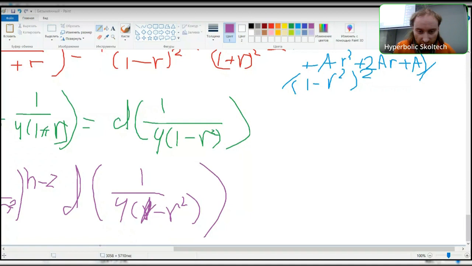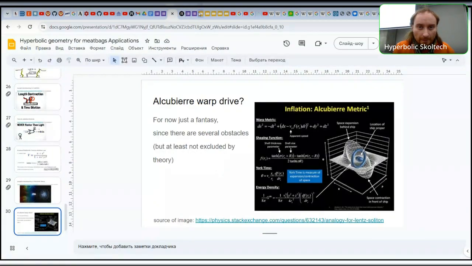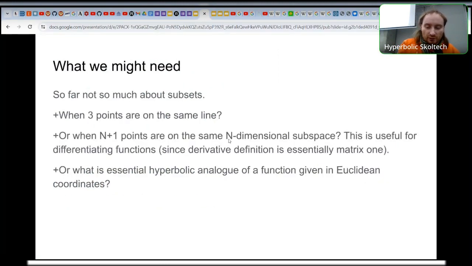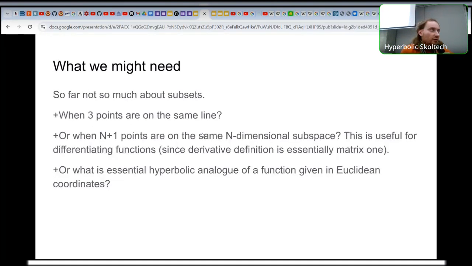Let me switch the screen and continue, since we have something to talk about. We can compute volumes, and we already computed lengths, angles, and motions. What we might need now is to work with subsets.